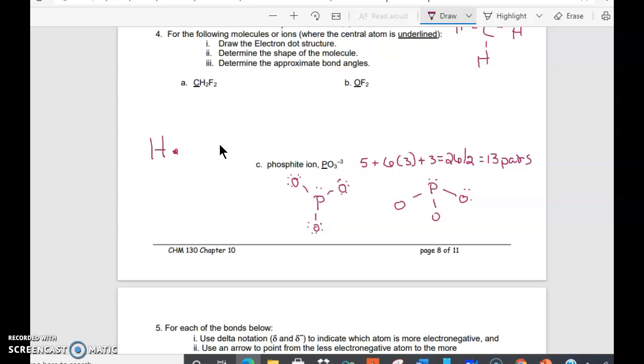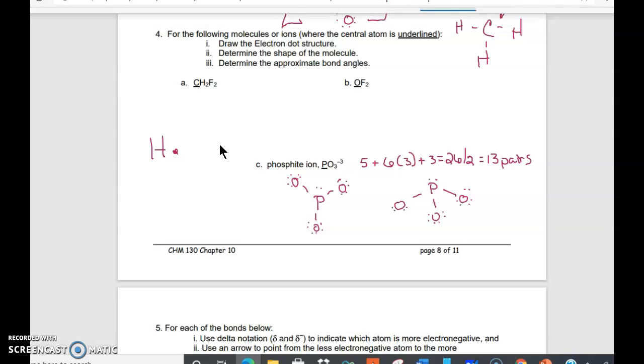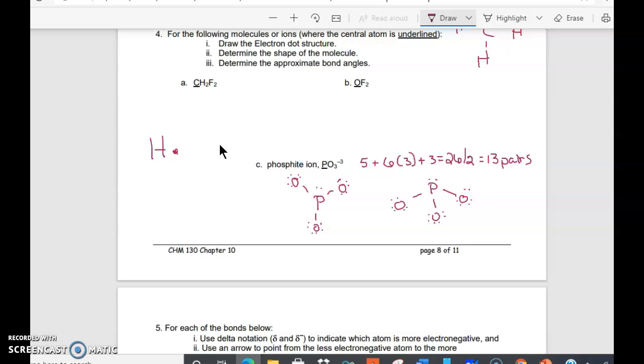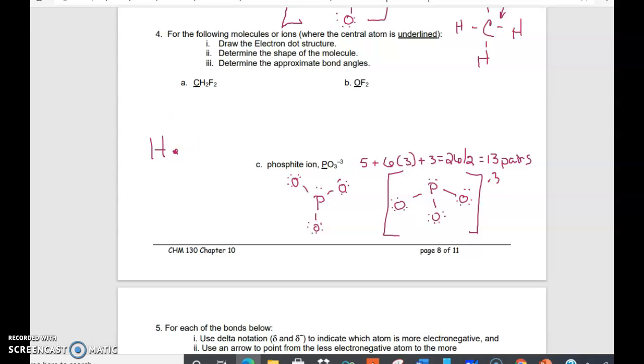And we still have to draw our lone pairs. All right, now what is the last thing you have to do if it's an ion? You need to do the hard bracket and put the charge, -3.